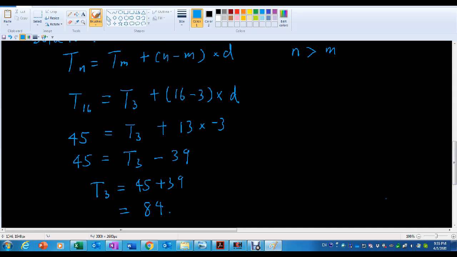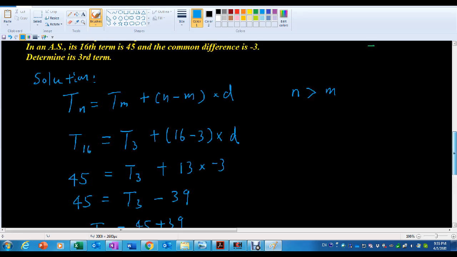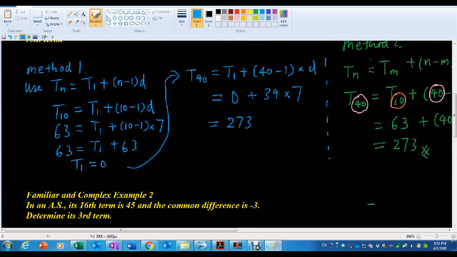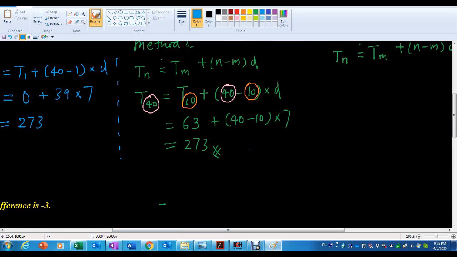Okay. So can you see the difference between this example and our last one? We use a similar method, but in the last one, you are given an earlier term, the 10th term, to find a term which appears much later in the sequence, which is the 40th.